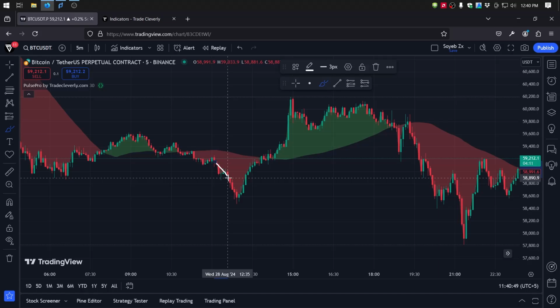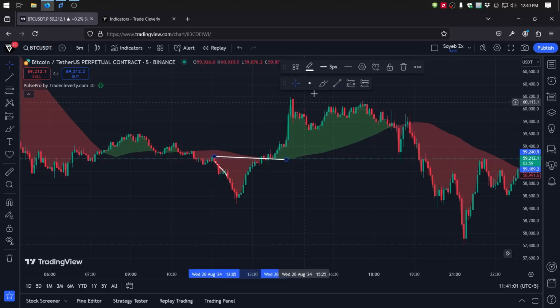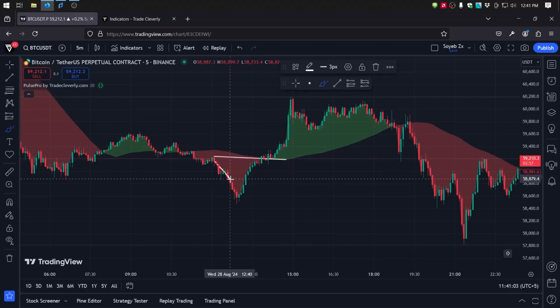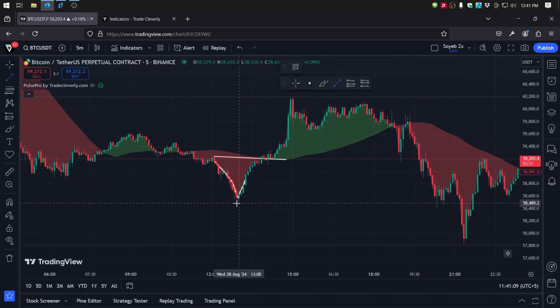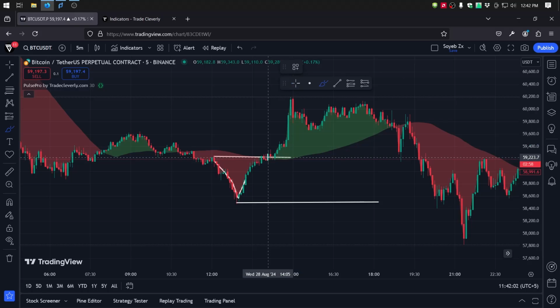Which one is your last swing high? This one, right? And now your price comes here, and again from here it is going there, so it's your recent swing low and it's your recent swing high, right? So now you just have to look for when the price successfully breaks the recent swing high or recent swing low.